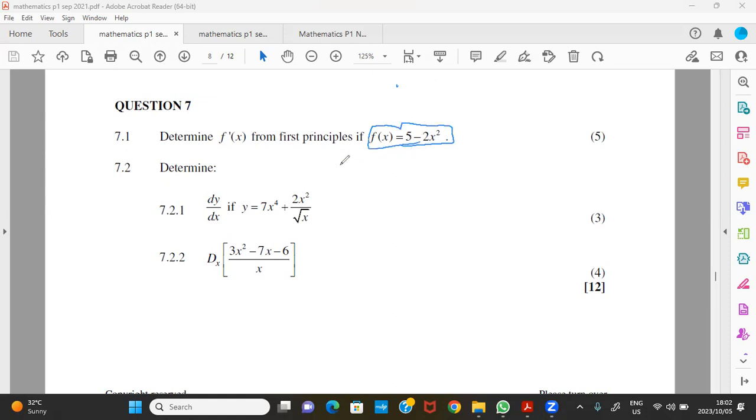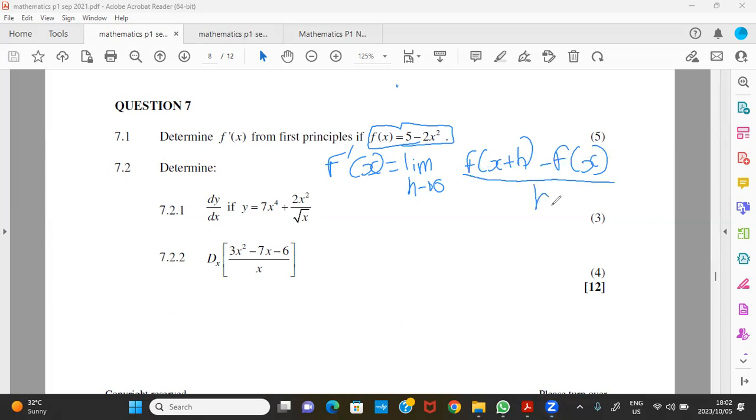You just have to know the formula: f prime of x is equal to the limit as h tends to 0 of f of x plus h minus f of x, all over h. So it's just that.